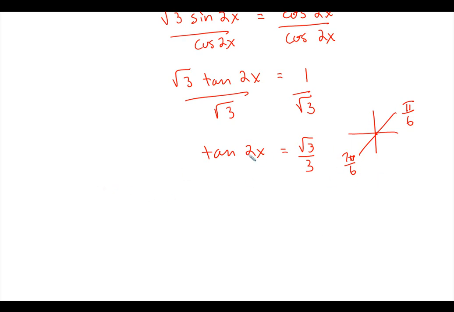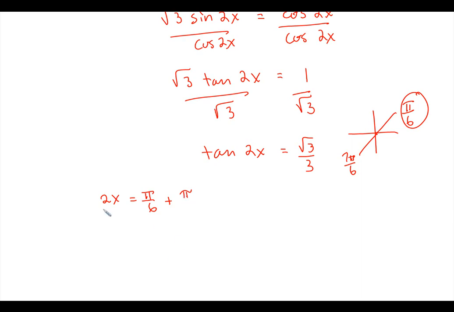So now let's solve for x here. So we're going to have 2x is equal to, we'll start with this first value from the unit circle, pi over 6. Now, since you have a number being multiplied with x, remember we're going to have to add the plus pi here because pi is the period for tangent.